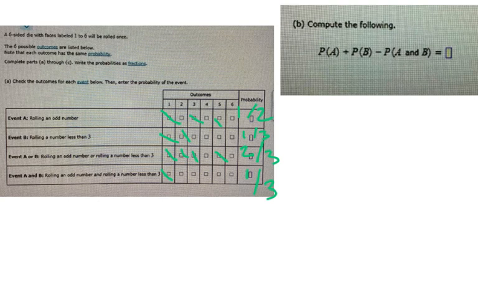Okay, so now we go to compute the following. We have probability of A plus probability of B minus probability of A and B. So all we do right now is plug in. The probability of A is 1 half, plus the probability of B is 1/3, right?